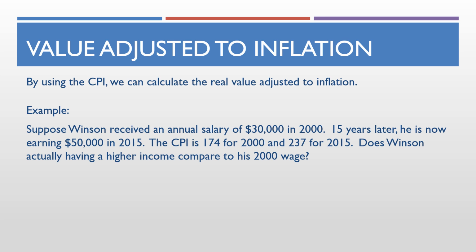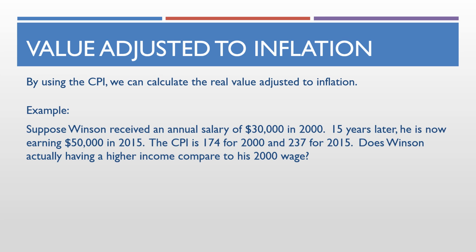Let's take a very simple example here of how value adjusts to inflation. We can take this example using the CPI index and think about an annual salary of $30,000 in the year 2000, compared to the same person, same job, 15 years later, where the salary has gone up to $50,000 in 2015, right? And consider the CPI during that period from 2000 to 2015 goes from 174 to 237.